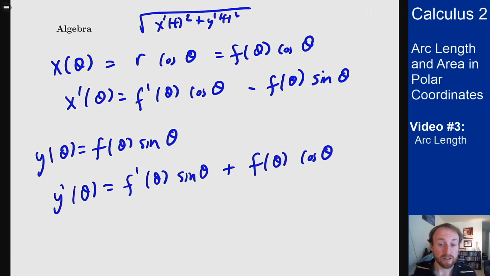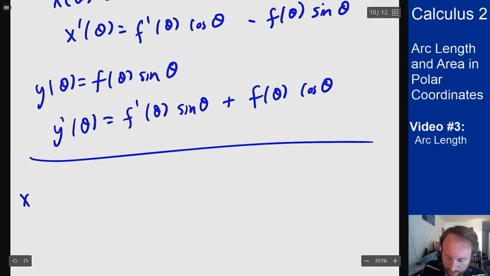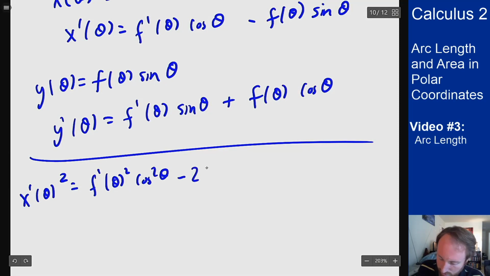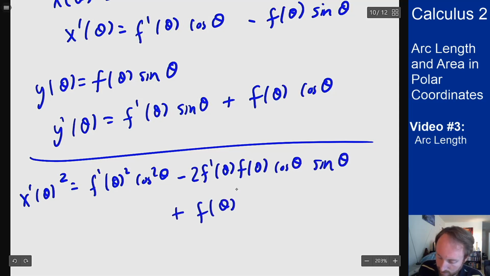I then need to square each of these. It's going to be 3 terms for each. Let's write all this out and see what happens. So x prime of theta squared is going to be f prime of theta squared cosine squared theta minus 2 f prime of theta f of theta cosine theta sine theta, and then plus an f of theta squared sine squared of theta.